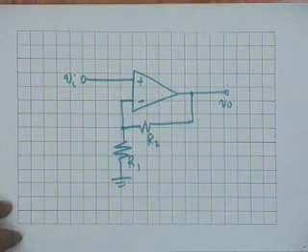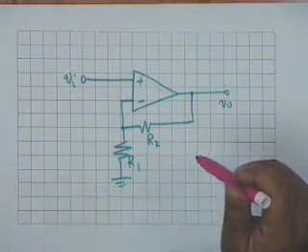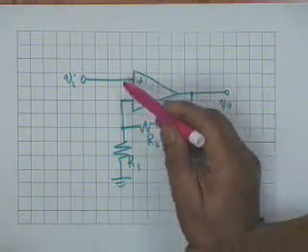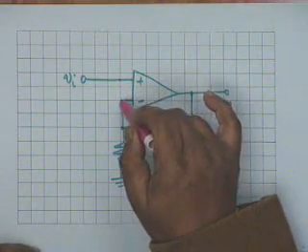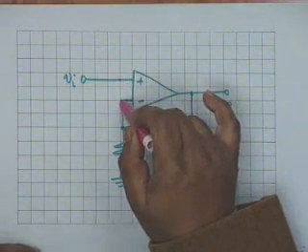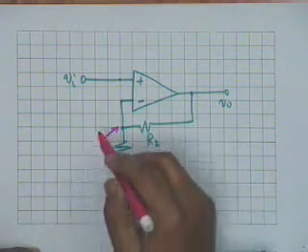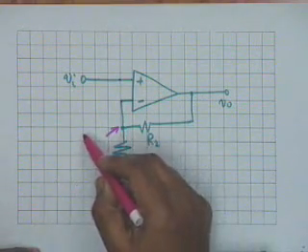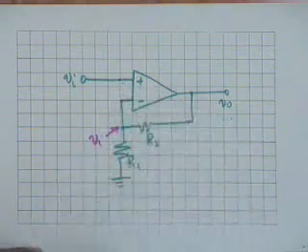Now the analysis of this circuit becomes extremely simple if you take account of the fact that the potential difference between this point and this point should be approximately 0, and therefore the potential of this point should be equal to Vi, because the drop here is 0.